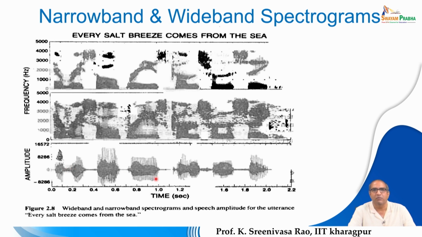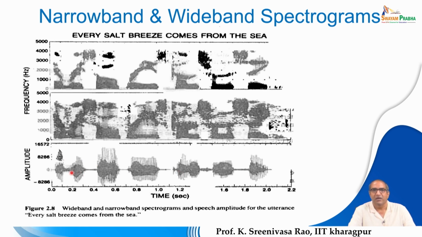Okay, so this is your time domain signal, and these two are the spectrograms. Spectrograms mean plotting the spectrum of the signal. Here, this speech signal is varying in time, that is, the signal characteristics are varying in time.